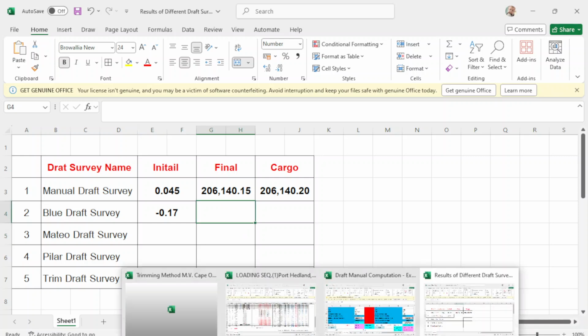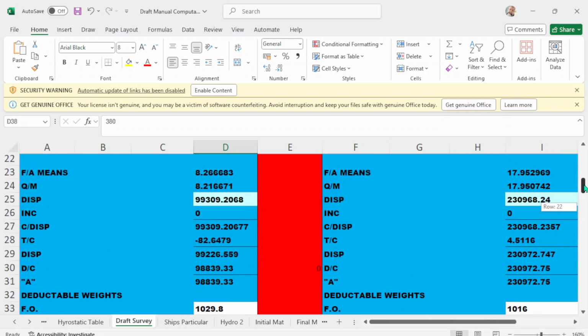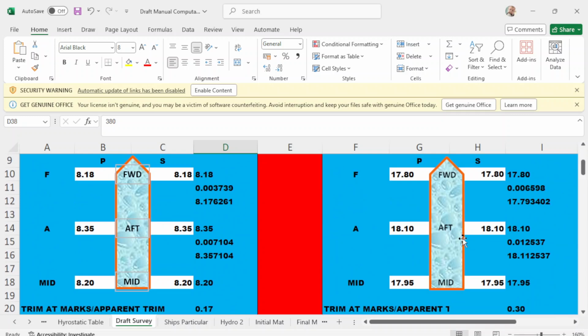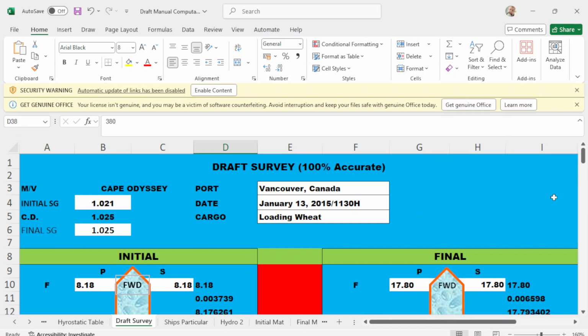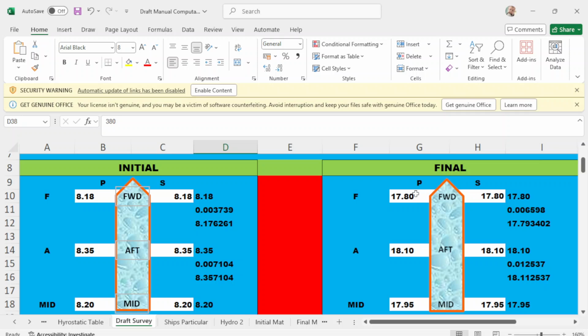Okay, we go to the final. Then you put the final draft. The density of final is 1.025. Okay. So the final draft is 18.23.